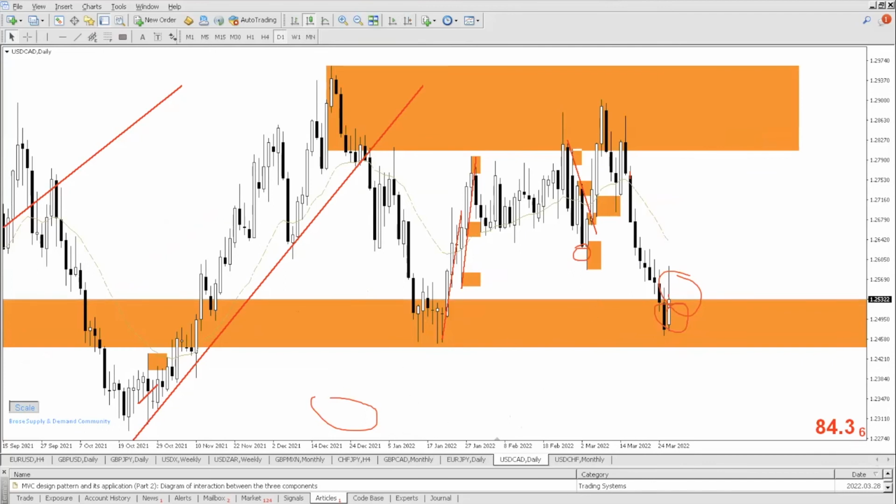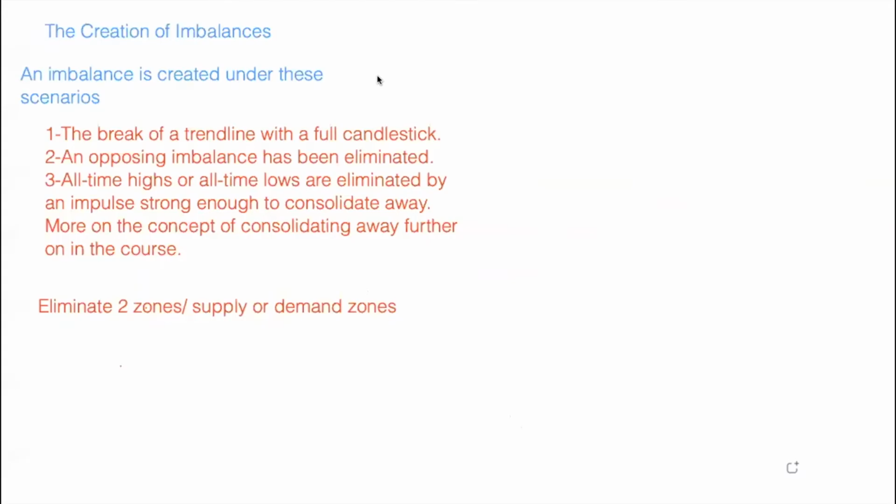All right, so for today, guys, what I wanted to share with you is that the break of a trend line with a full candlestick, this is the keyword. The keyword is the full candlestick.